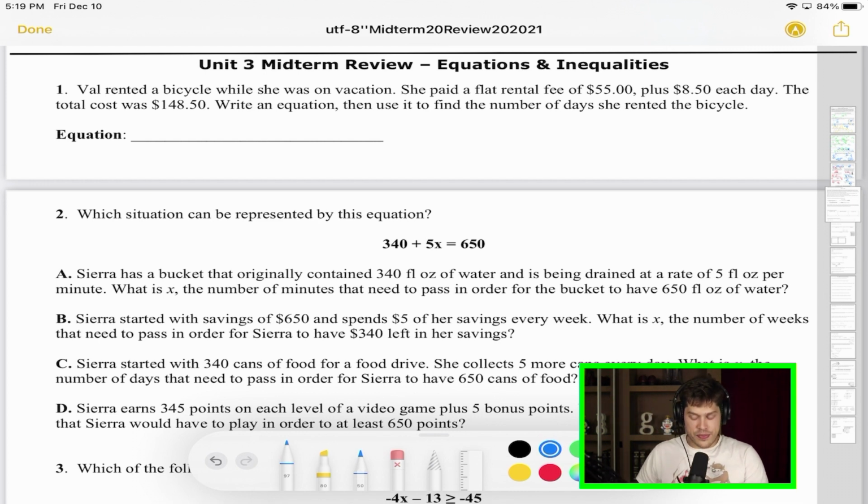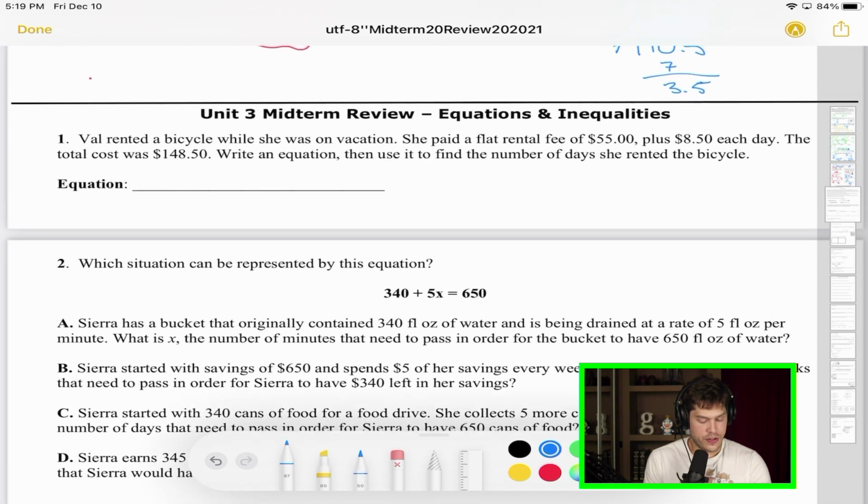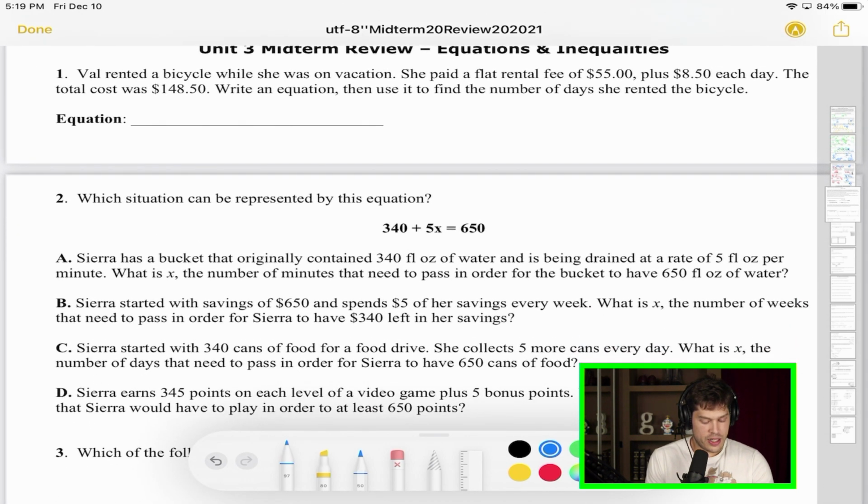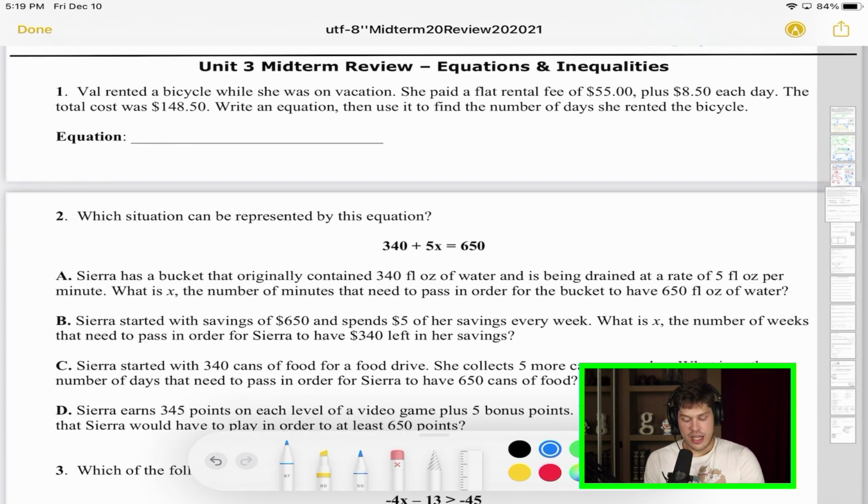Unit 1, while I was having a coughing fit the whole time, hopefully you still got it and I explained it well enough for you to follow. Unit 2 was really the same as Unit 1, just with some more division. So let's look at Unit 3, equations and inequalities.